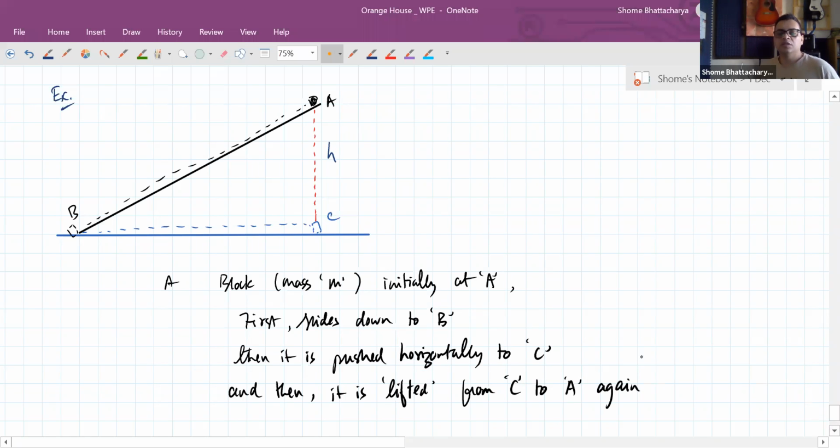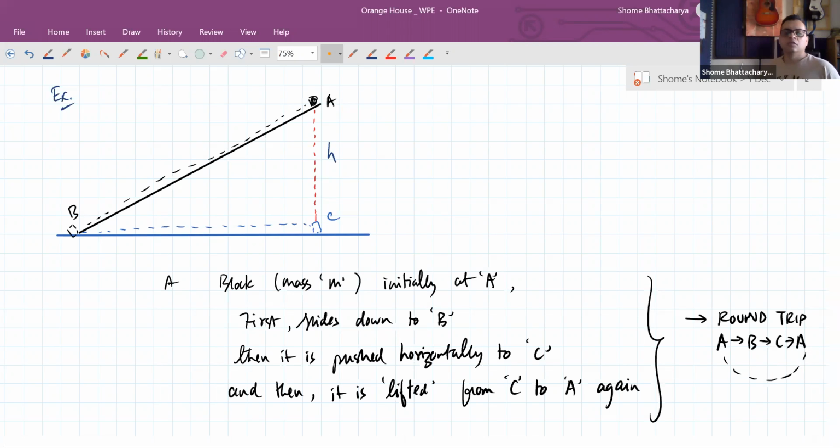So you can see that it is undergoing what we call a round trip, A to B to C to back to A. So it's a round trip.